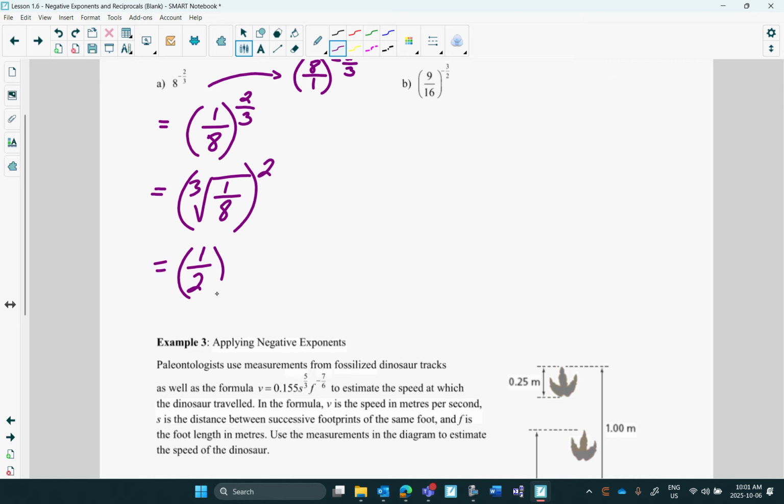And I still have to raise this to the second power. 1/4. And that becomes 1/4. Okay? These are the most complicated ones you're going to see, where you've got to do fractions and negatives.